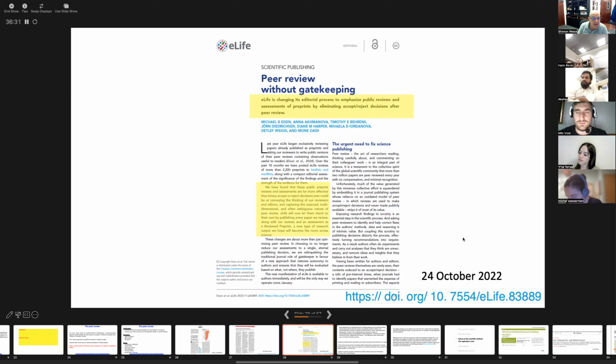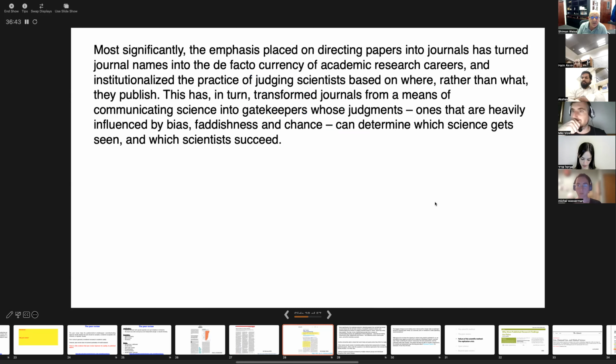Again, this is a big change, and it's a response to the replication crisis, and basically a follow up on the idea of open science.